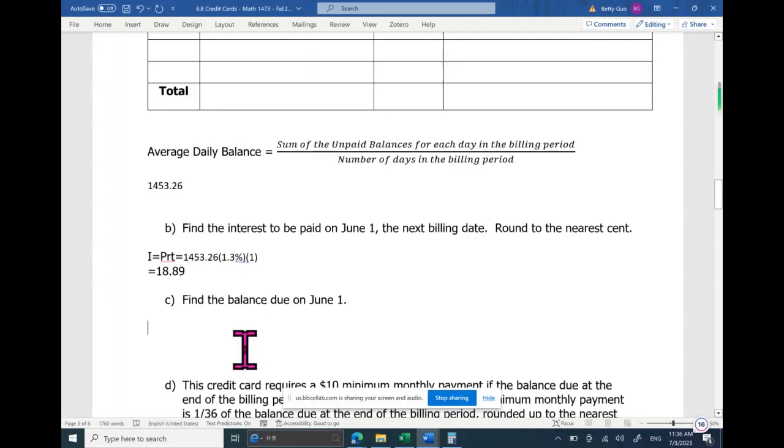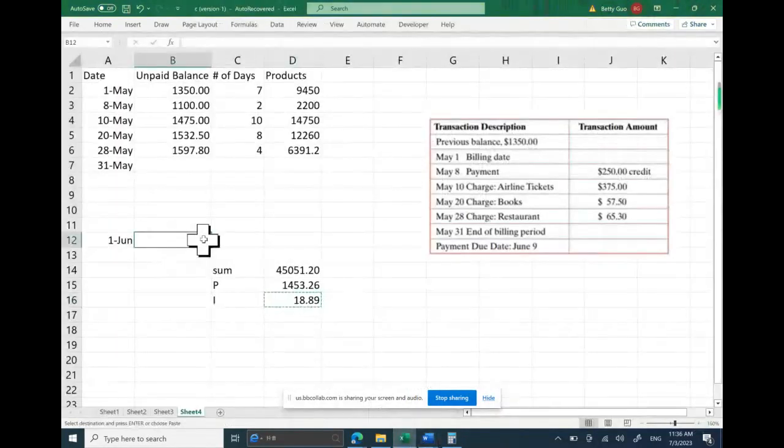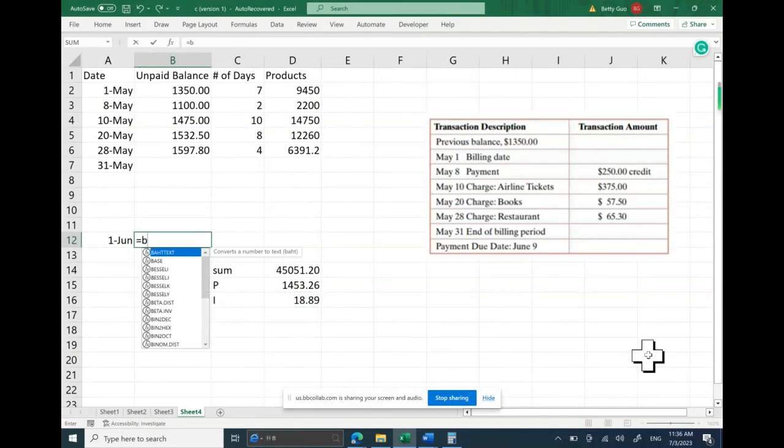Let's go back to this question. Part C. Find the balance due on June 1st. The balance at the end of May is $1,597.80, right? But you have to pay the interest. The interest is $18.89.